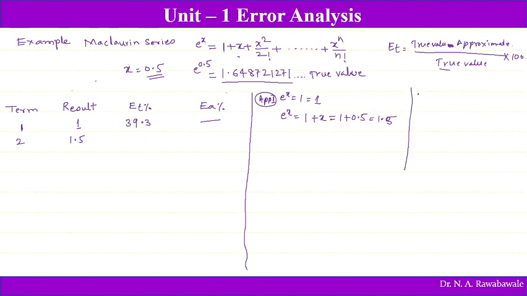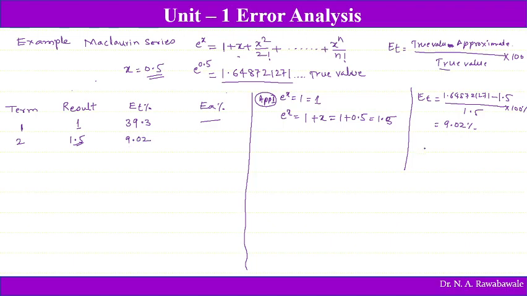True error is equal to the true value 1.648721271 minus the approximate value which we have obtained, 1.5, divided by 1.648721271, into 100. This results in 9.02%. So the true error is 9.02.